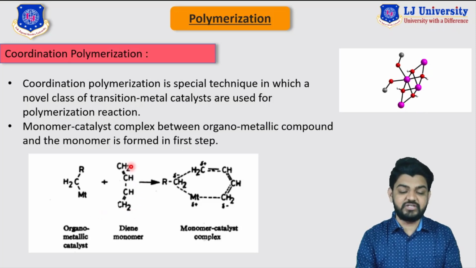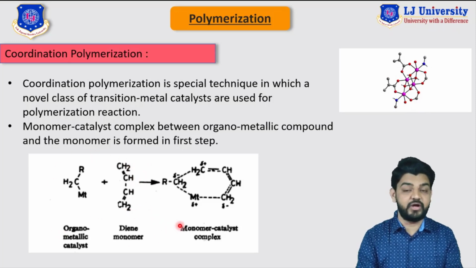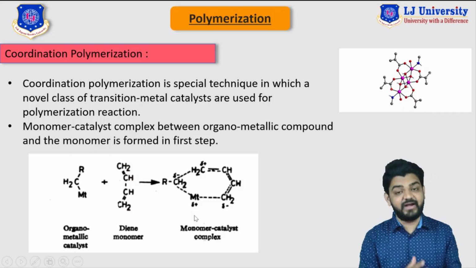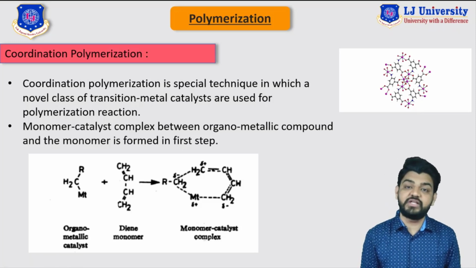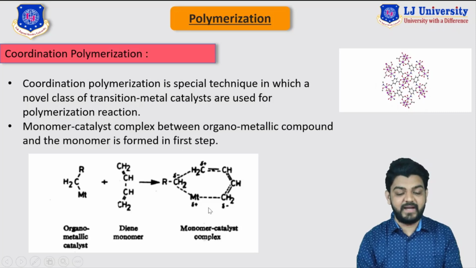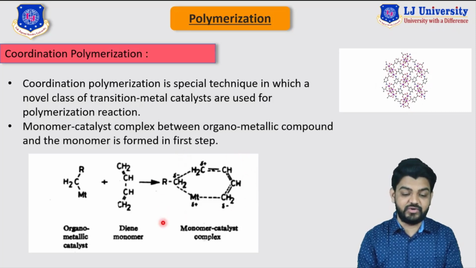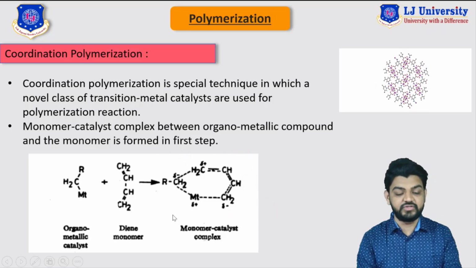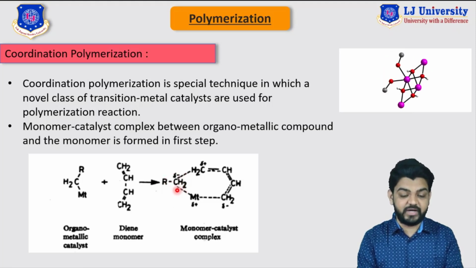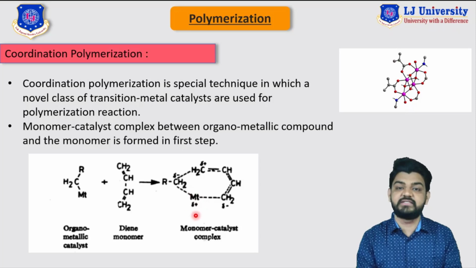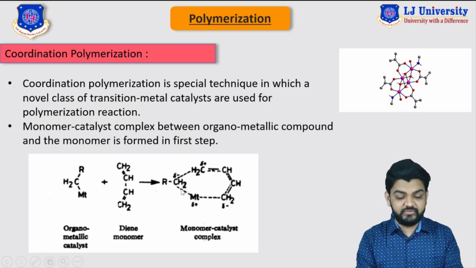When the reaction between these two happens, it will produce the novel catalyst that we are discussing throughout this lecture, which is used for coordination polymerization. That catalyst compound looks like this. Here is again the R attached to CH2, and our metal represented as Mt. Now where is our monomer?